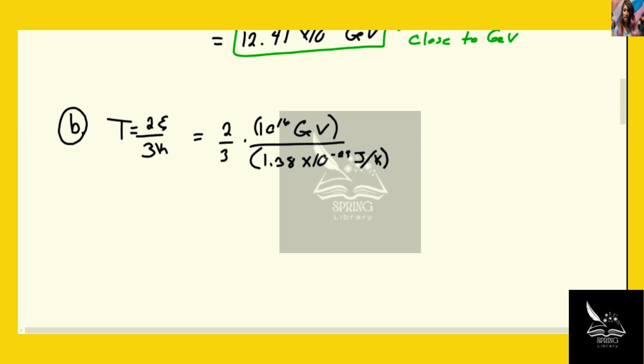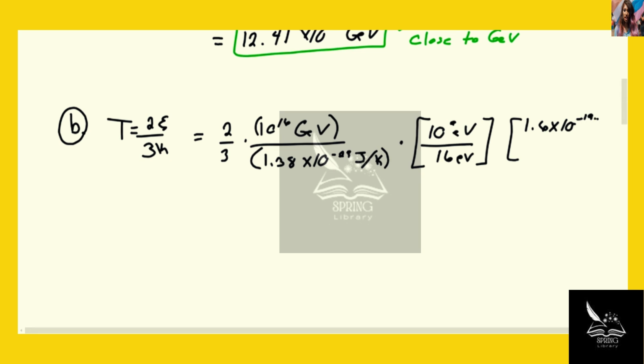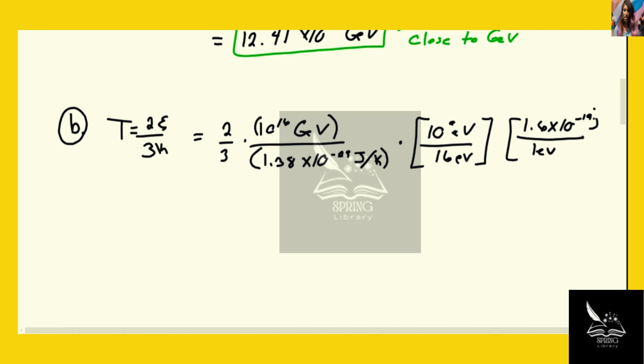And we also need to convert this, because we need to get rid of that J. So we got 10 to the 9th eV, and we have 16 eV times 1.6 times 10 to the negative 19 joules over 1 eV.